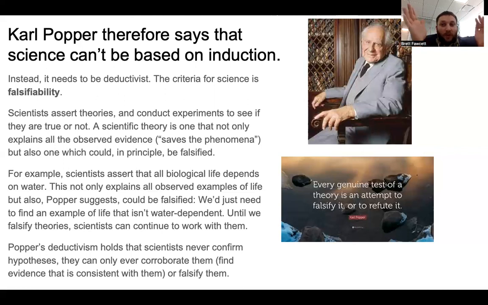Now, can you ever prove that that's completely true? No, but you could falsify it. We could find an example of biological life that's not based on water, and that would disprove that theory. Until we falsify it, we just have to continue to work with it, right? So that's Popper's deductivism. Scientists can never actually confirm theories. They can only ever find evidence that corroborates them, or is consistent with them, or they falsify them.